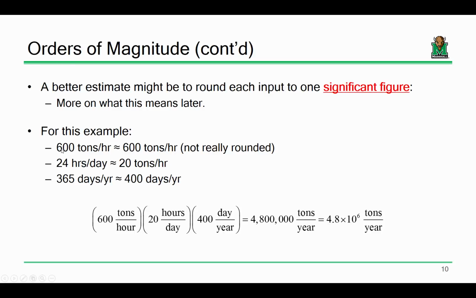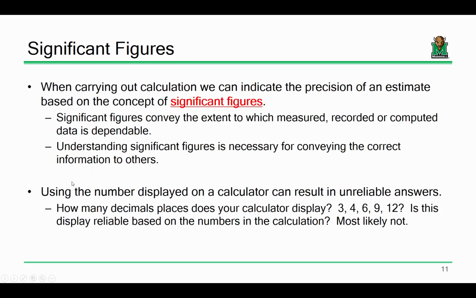Is it exactly 600.00 tons per hour? Or when we got that information from the coal plant, was that maybe rounded off to the nearest 100 tons per hour? We don't want to imply a greater degree of accuracy than we actually have. On the other hand, 365 days per year, that's pretty accurate. We know that to a level of precision, so we could have justified leaving 365, and in that case there'd be 3 significant digits that we are including in our calculations.